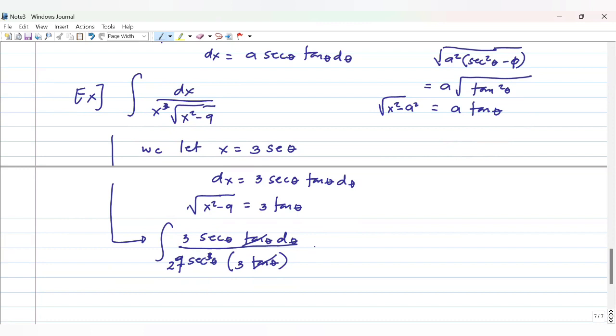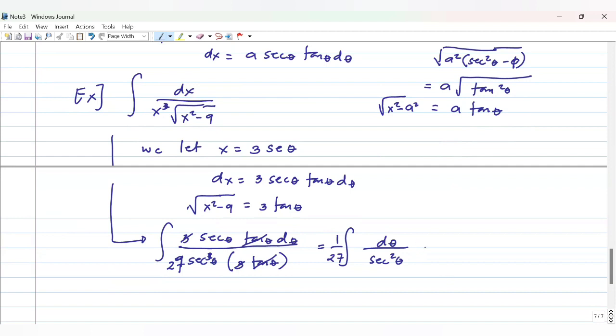Okay, so this will be the integral of d theta over secant squared of theta. So there should be 27 in here, so that's 1 over 27.